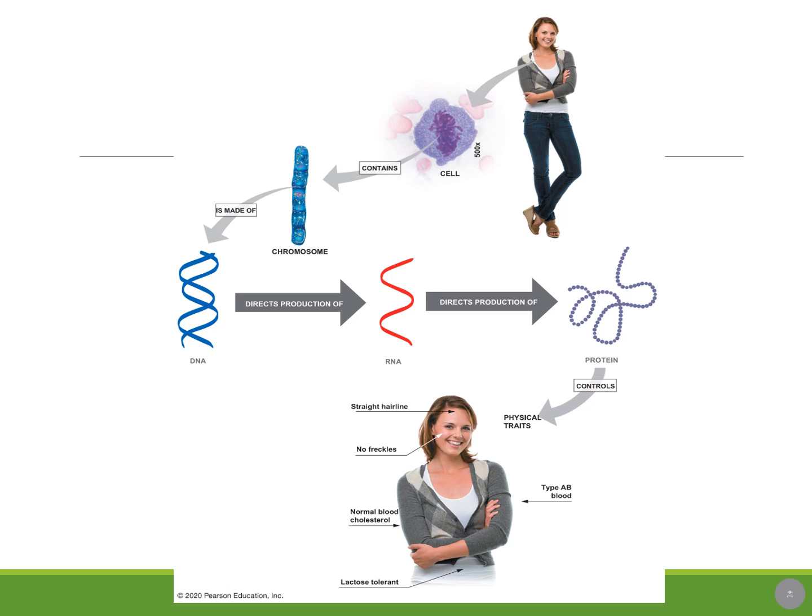So let's say that this person needs to grow more hair. Well, DNA then is going to direct a sequence of that in a gene. That gene is going to be transcribed into RNA, and then RNA is going to be translated into the protein. And then that protein is going to execute what the cell was going to do, which is grow your hair. And so that is what's going to help control a lot of your physical traits.